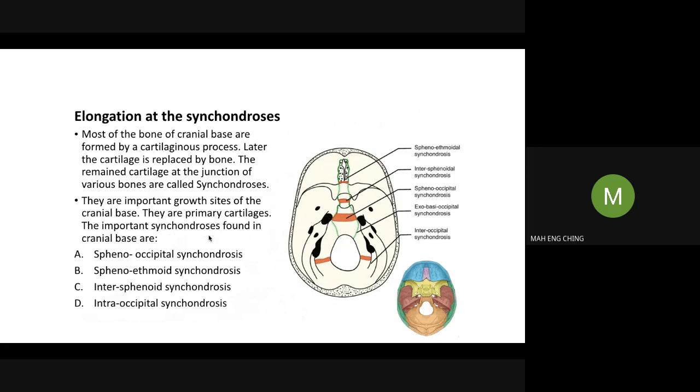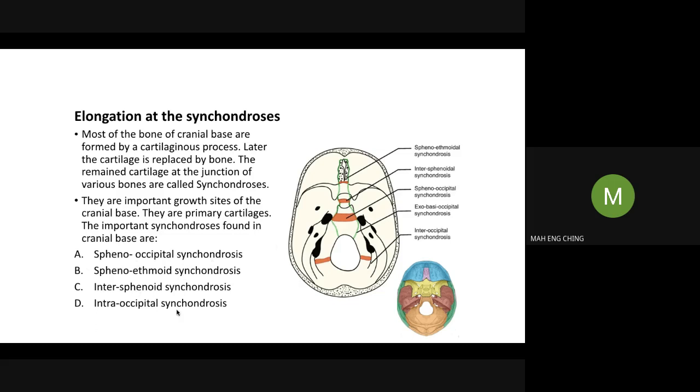The important synchondroses found at the cranial base are these four. The joint between these two bones is a synchondrosis. We have the sphenoid-occipital, which is the joint between the sphenoid bone and occipital bone. So this one is the sphenoid bone, and this one is the occipital bone. The junction you call the sphenoid-occipital synchondrosis.